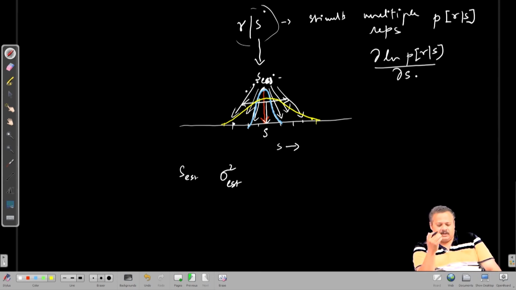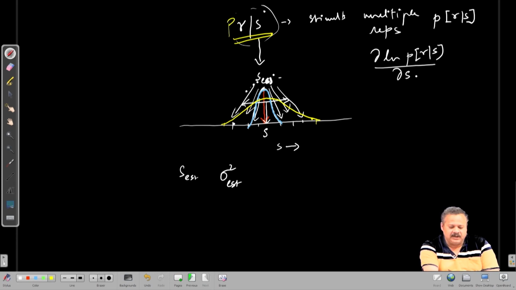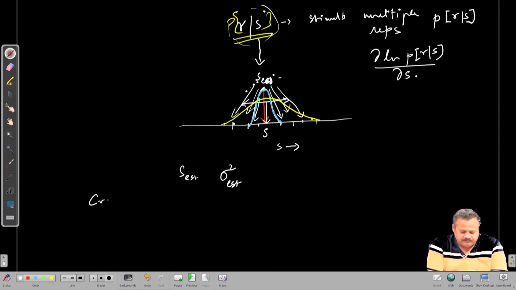So, this whole thing is being determined from P(R given S). There is a minimum variance that is associated with an estimator that is given by the Cramer-Rao bound.